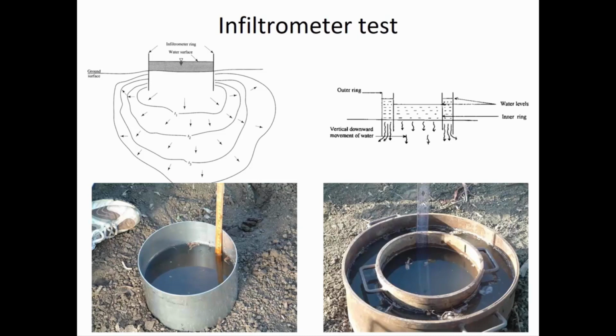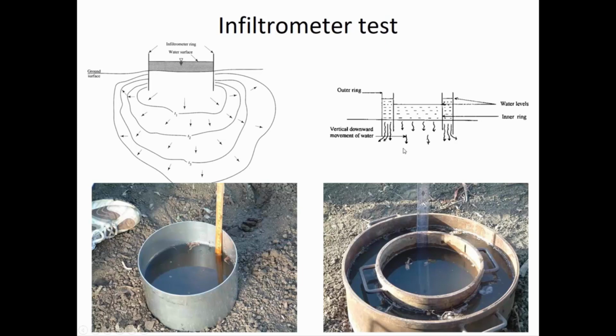And so to account for that, the double ring infiltrometer says if we have this outer ring of water that's being used to satisfy the sideward movement of water, then the stuff that's in the inner ring is just going to be satisfying the downward movement.